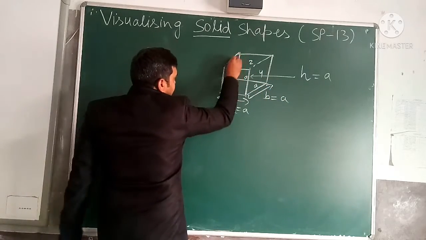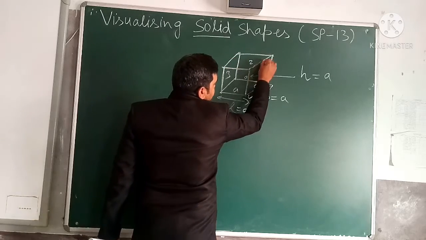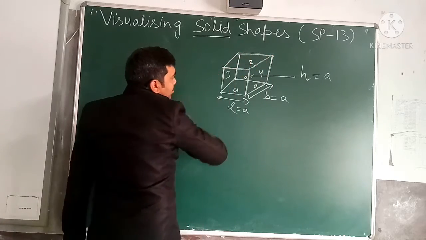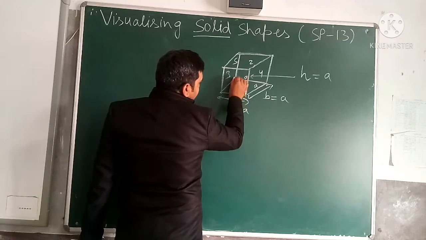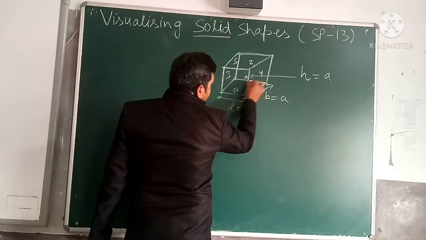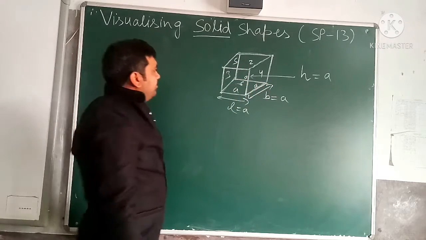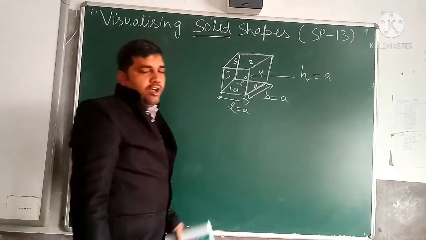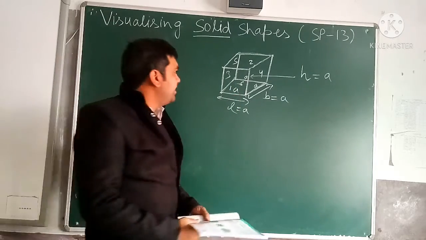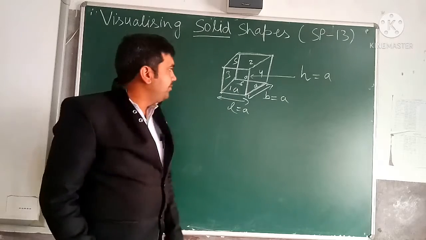That is the ceiling, you can consider the ceiling of the room. And this is the sixth one, the floor of the room, that is the bottom. So a cube contains 6 faces, and each face is a square.